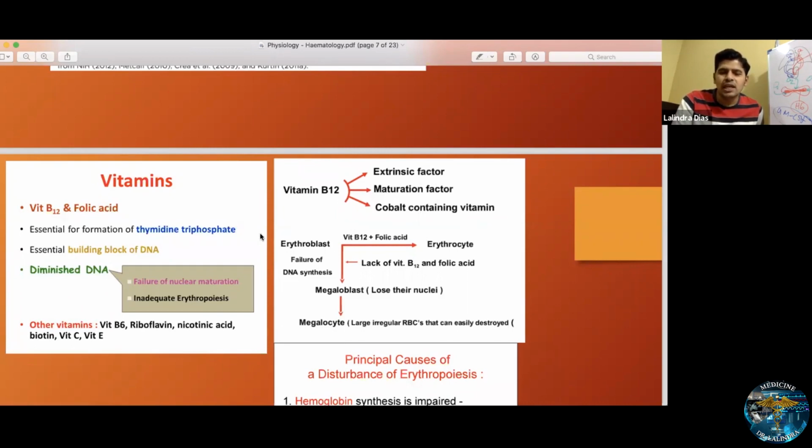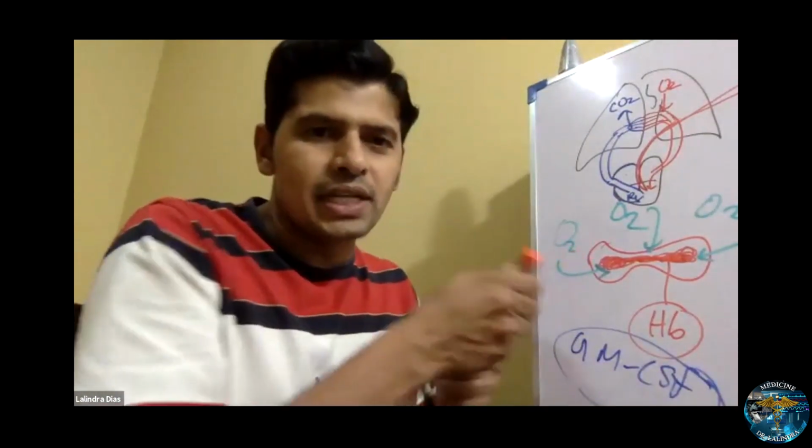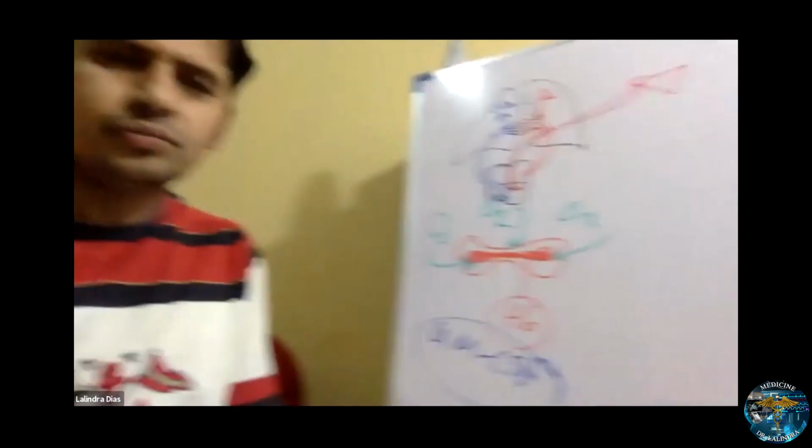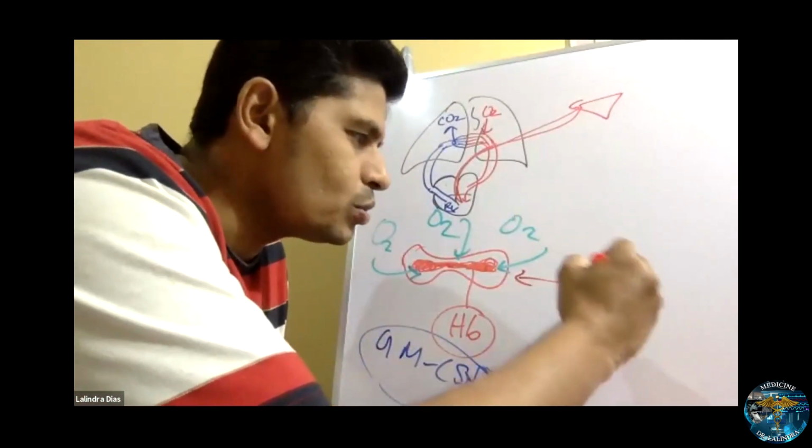So here look at this erythroblast. I told you, from the erythroid progenitor cell, before you get the red cell, you have this erythroblast, then you have the reticulocyte, and then you have the red cell. I'll write it for you. So this is the mature red cell. Before the mature red cell, you have what is called the reticulocyte.